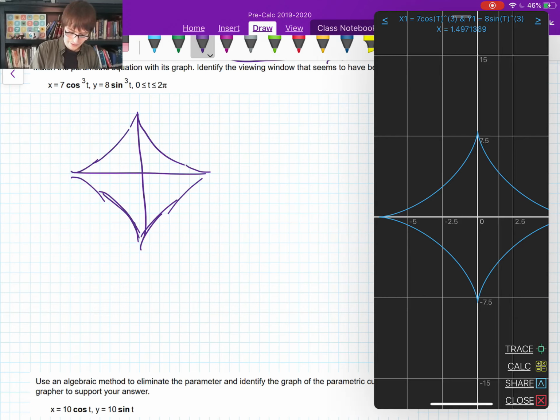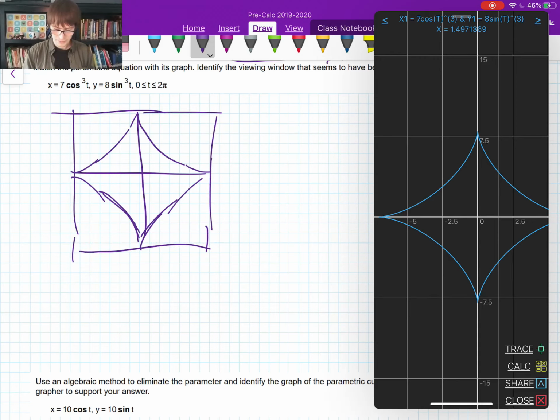And so it's full screen, it takes the full window. We'd say it looks like -8 is less than or equal to y, which is less than or equal to 8. Or y min is -8, y max is 8. You can say it that way as well.